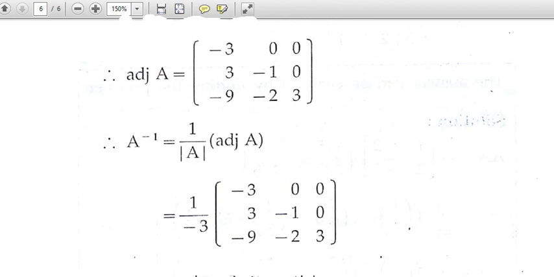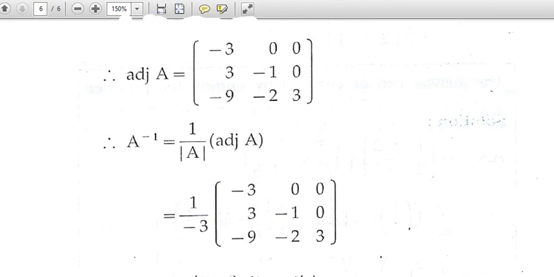It is a very easy method, but a little lengthy. In this method we have to take precautions with signs. Most of the time students lose marks because they miss the signs. The signs are a very important thing when you are finding minors and cofactors. Once you get the correct values for minors and cofactors, everyone can get full marks in questions related to finding A inverse.